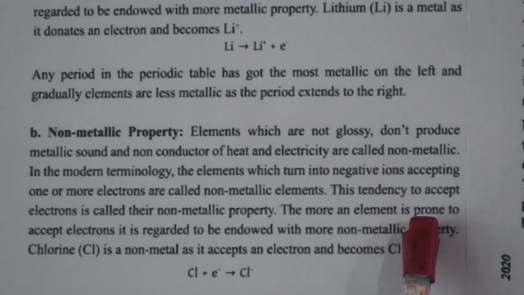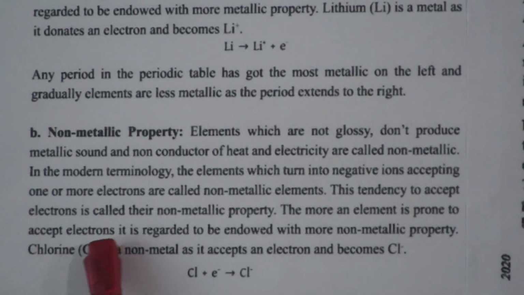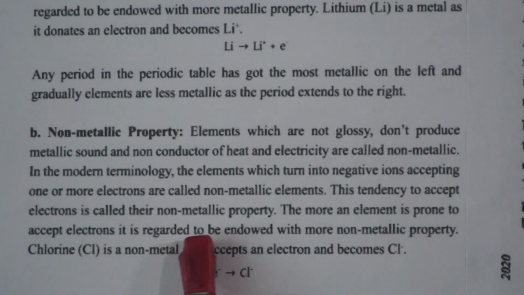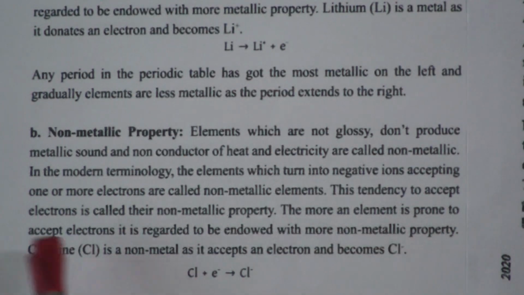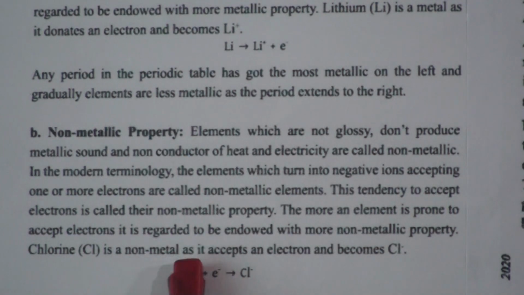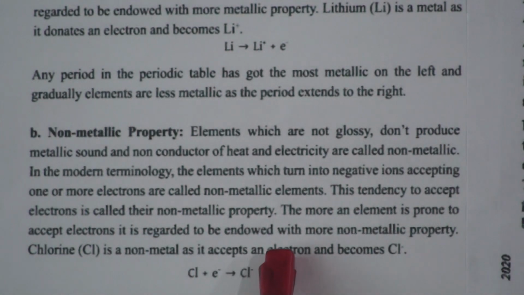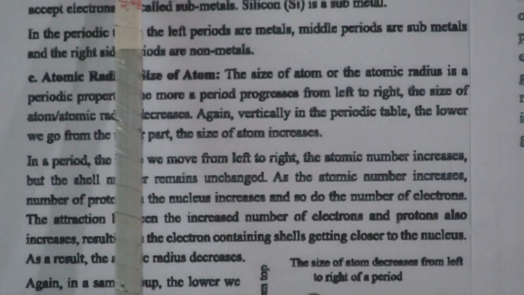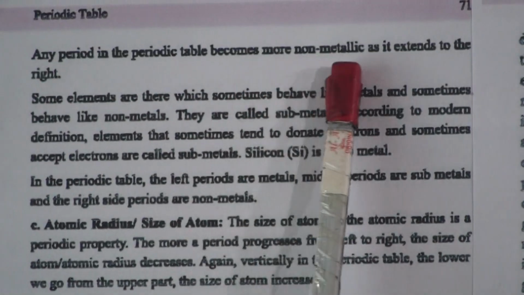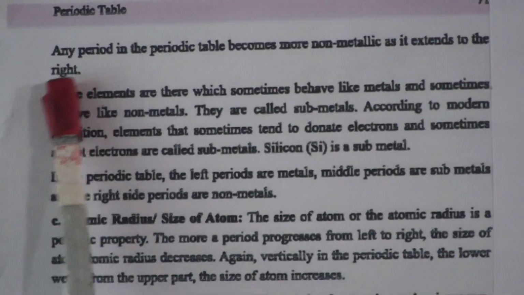The more an element is prone to accept electrons, it is regarded to be endowed with more non-metallic property. Chlorine is a non-metal. It accepts an electron and becomes a chlorine anion. Any period in the periodic table becomes more non-metallic as it extends to the right.